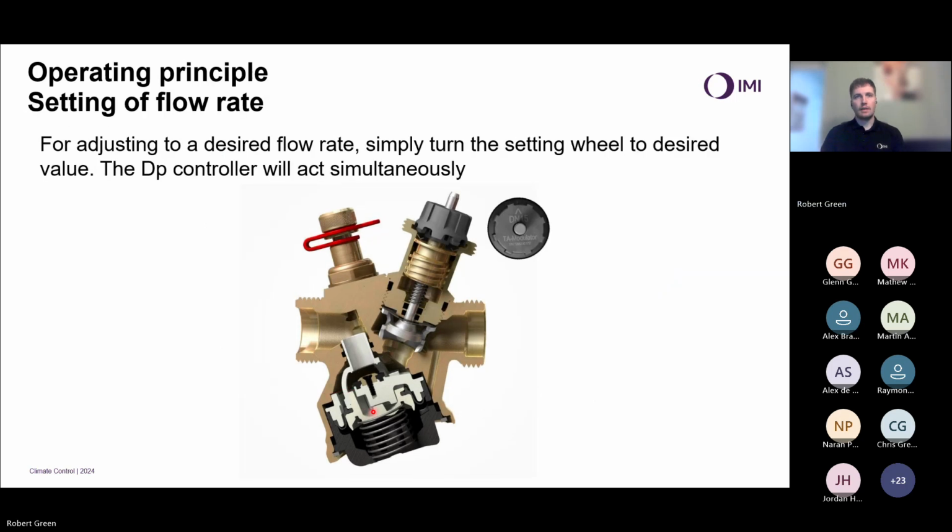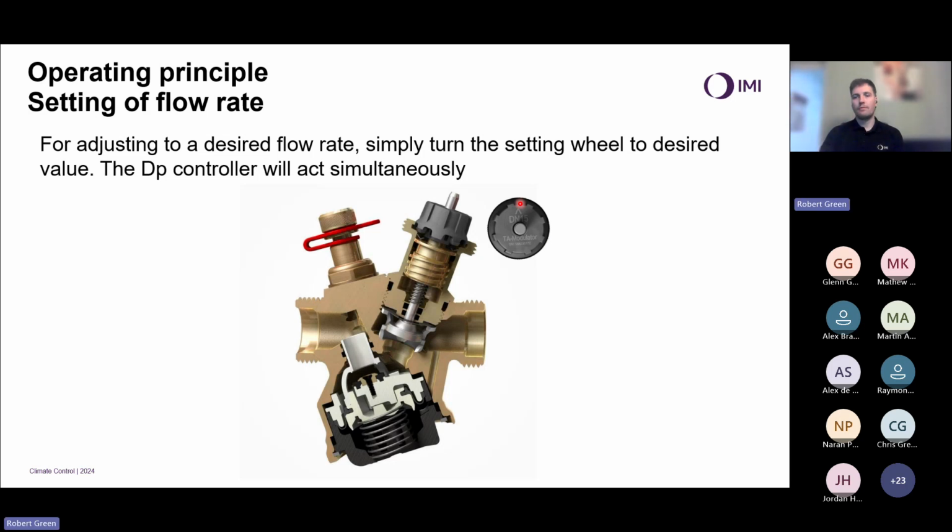Also, how we set a flow rate is pretty straightforward on these valves. Simply, we have to turn the setting wheel, if we're setting manually, to a desired value. So we will look in our valve charts and we'll say, okay, for a flow of, I don't know, 0.2 litres a second, the setting needs to be 5, for example.